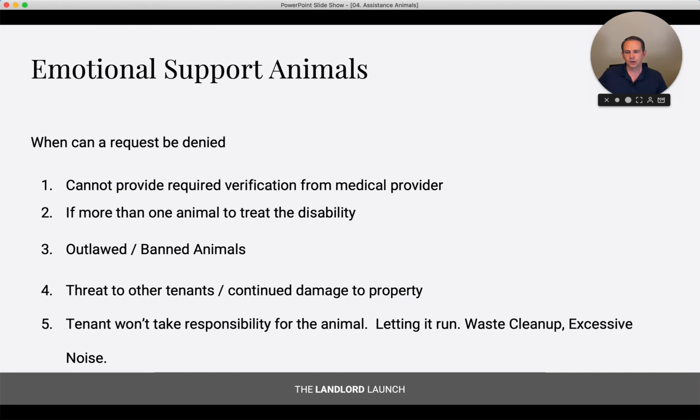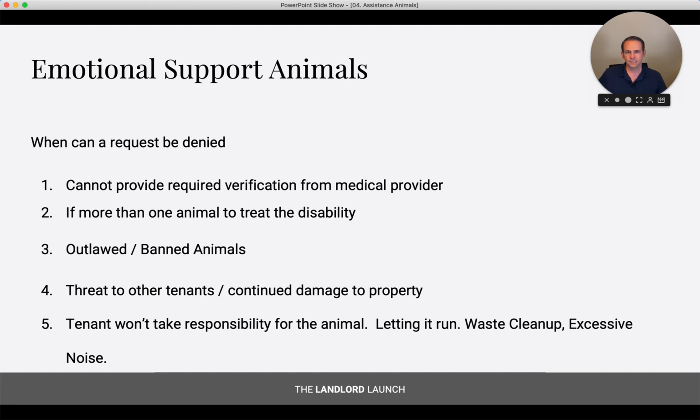Any animals that are outlawed and banned, and this is the big one. In a lot of areas of Florida, certain size snakes are banned, especially the larger pythons, the Burmese pythons, retics, and things like that. So if they bring in a reticulated python, for example, that can reach 22 feet and say, this is my emotional support snake, well, if it's outlawed, banned, against the ordinances wherever that property is located, you don't have to accept it.